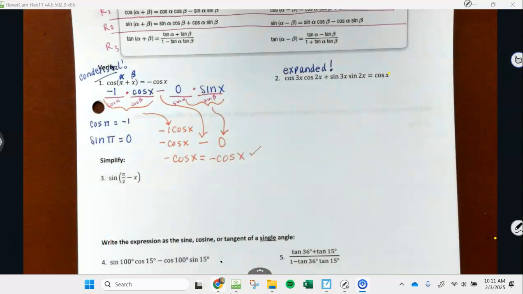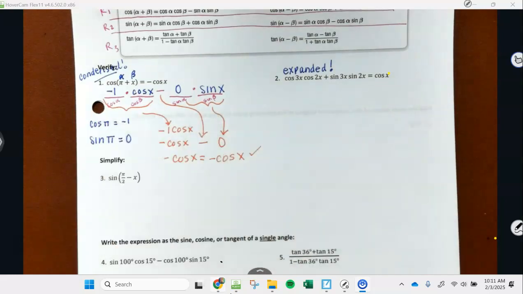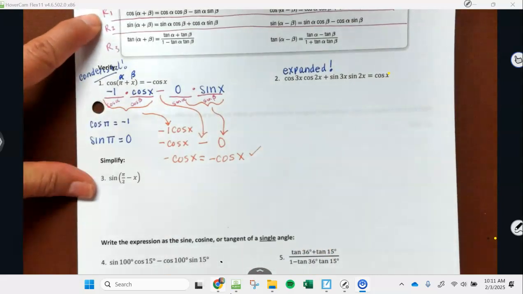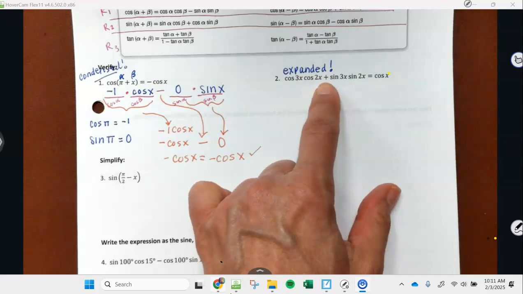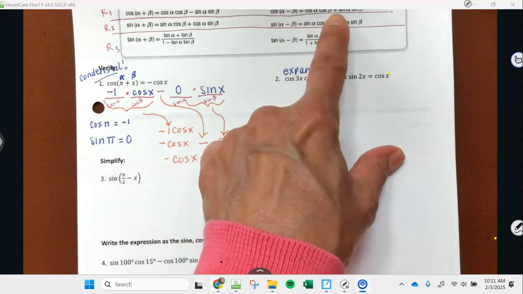So if it's expanded, I'm going to put it back together. Whatever it is, you work on the other side of the equal sign for your identities. This starts in cosine, so I know it's going to be row 1. This is cosine times cosine plus. Cosine's always opposite, so this is actually a difference identity.